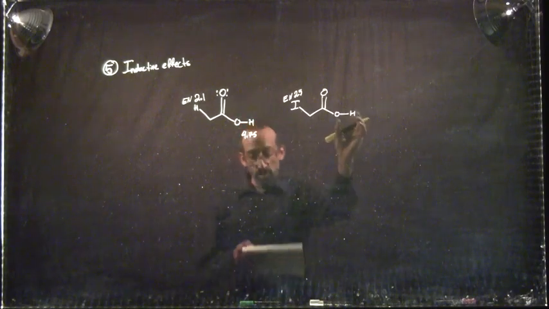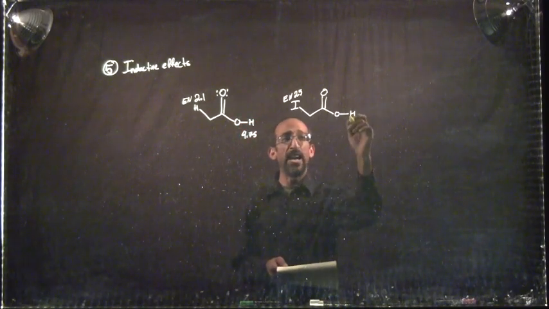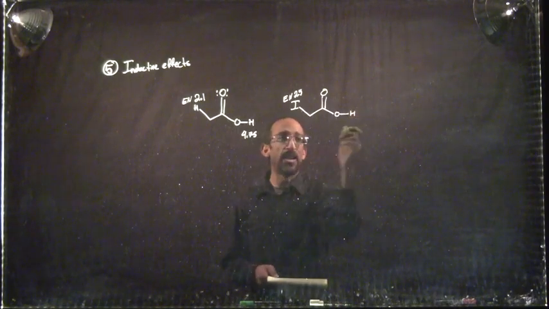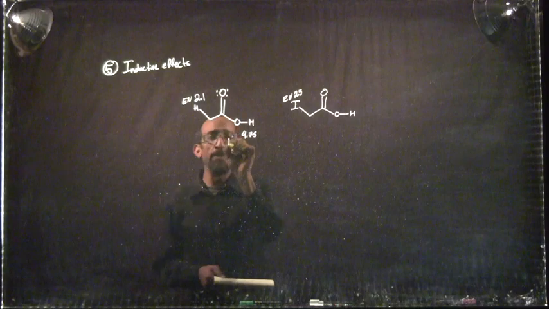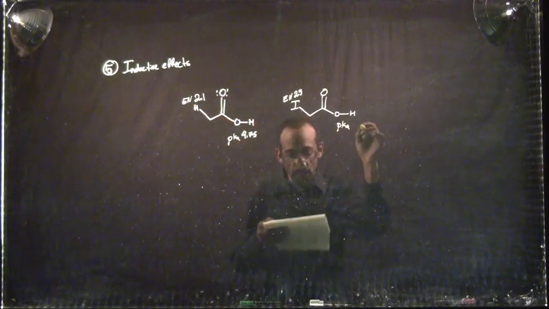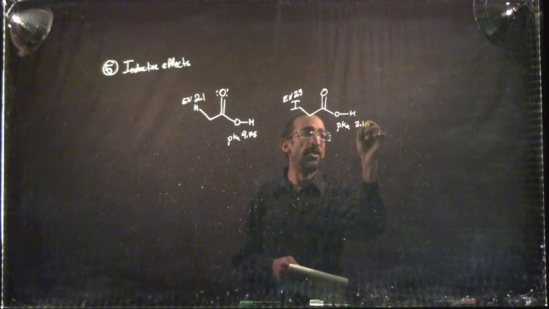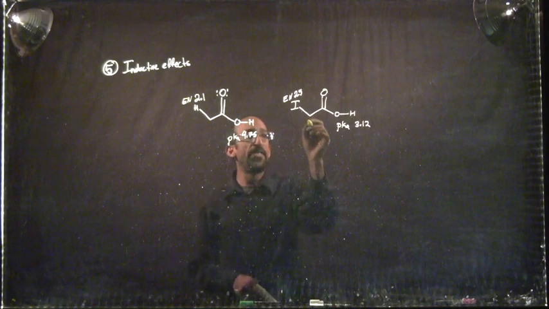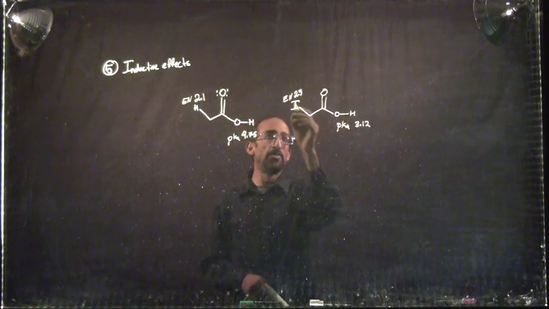We see that that lowers the pKa of our acidic hydrogen from 4.75 to a pKa of 3.12.